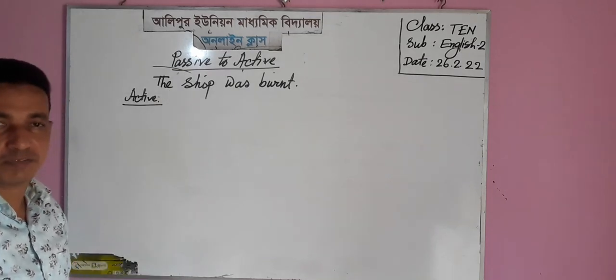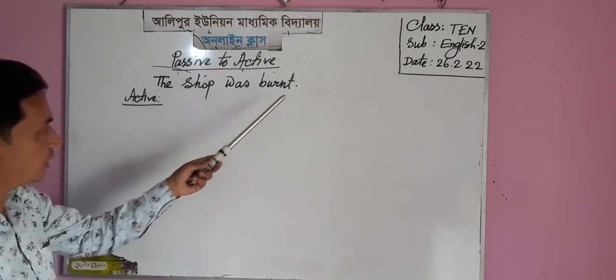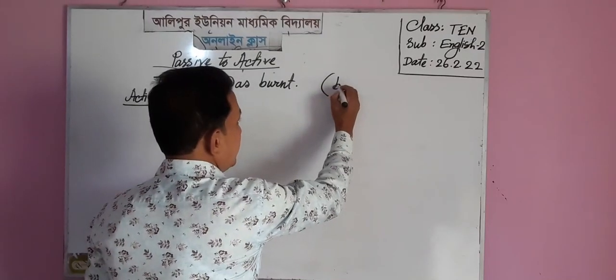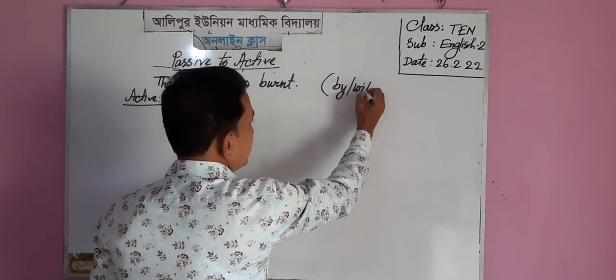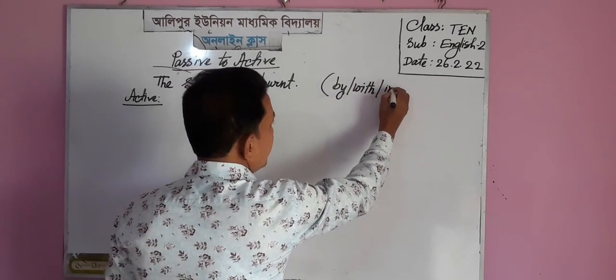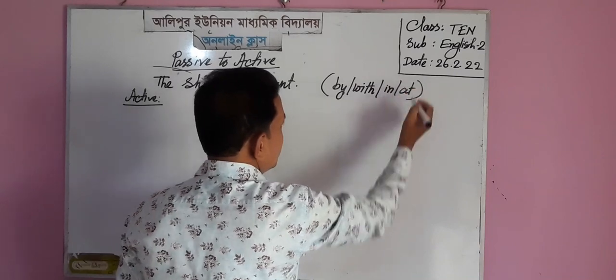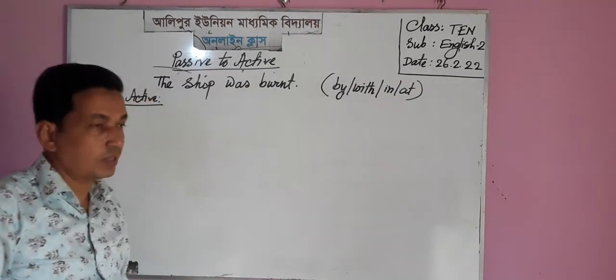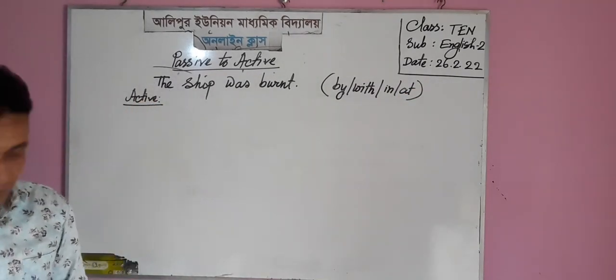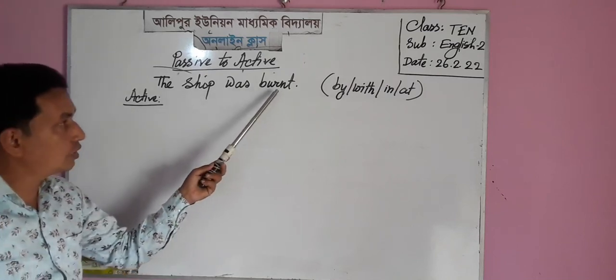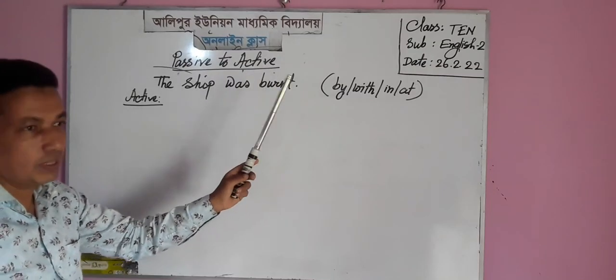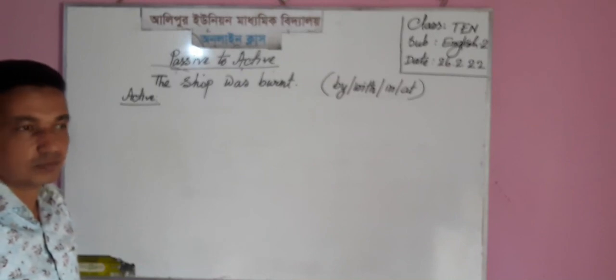Usually we see in the passive voice that at the end of the sentence there are some prepositions, such as by, with, in, etc. with objective form.